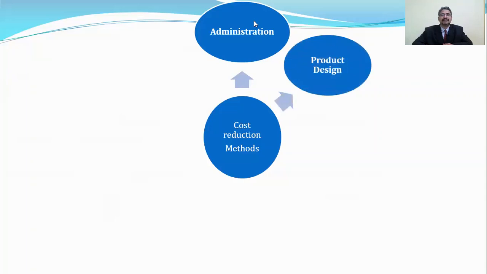Second will be the product design. While designing the product, we should take into consideration the cost factor. The initial phase in the production of the product is the product design. Ultimately, product design is the first step of the production.